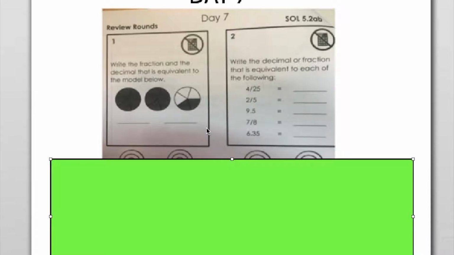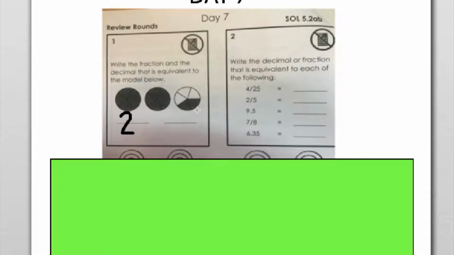The next thing you notice is that 2 of the circles are completely shaded in. Those 2 circles represent our whole number. So we will be first writing a mixed number. We're going to write the whole number and the fraction together. So our whole number is 2. For our fraction, we're going to look at this third circle.